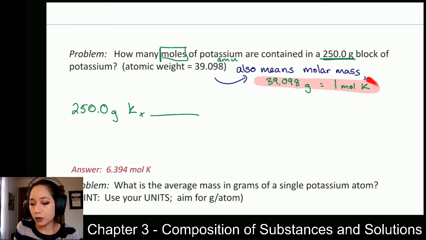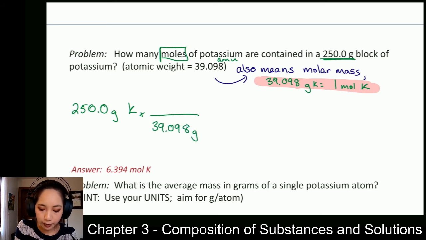We can see if we use the molar mass equality for potassium, this number relates the number of grams that are contained in 1 mole of potassium. So we can relate mass in grams to moles. So we can use this equality within our dimensional analysis setup. Right now, I'm in the unit of grams of potassium. So I can put this number, the 39.098 grams of potassium, on the bottom of our setup.